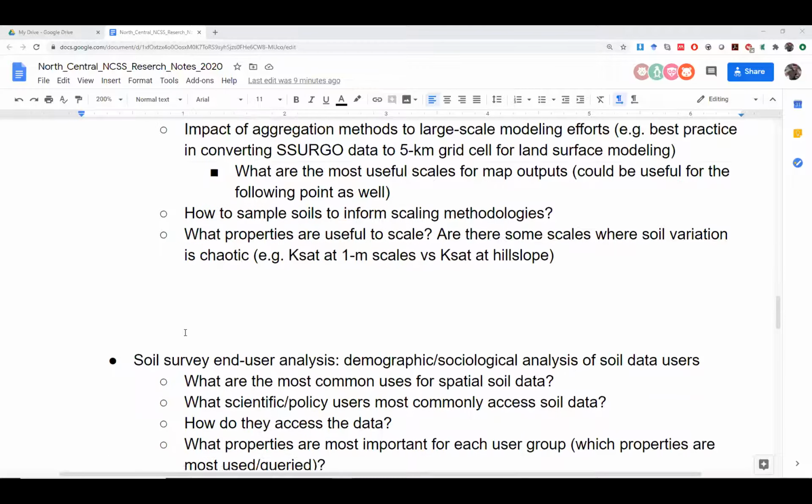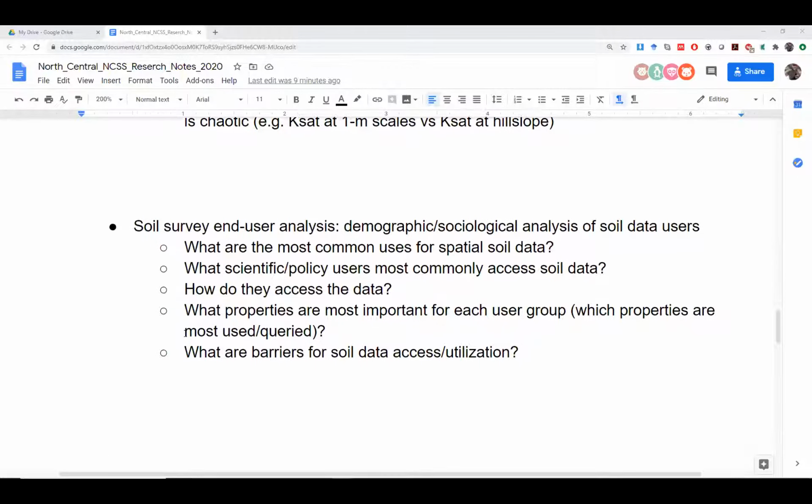And then, a lot of this discussion in the previous sections related to how soils information relates to other scientific communities. And then it was brought up, we really don't have a lot of good information on who uses soils information and how they use it.